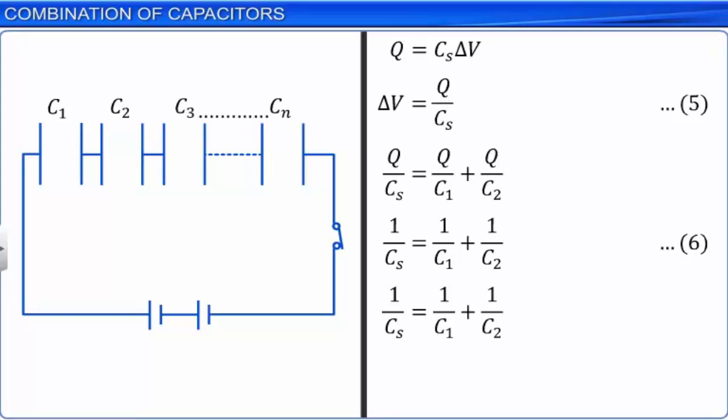Let this be equation 7. To put in words, we say that when a number of capacitors are connected in series, the reciprocal of the equivalent capacitance of the combination is equal to the sum of the reciprocals of the individual capacitances of the capacitors in the combination.